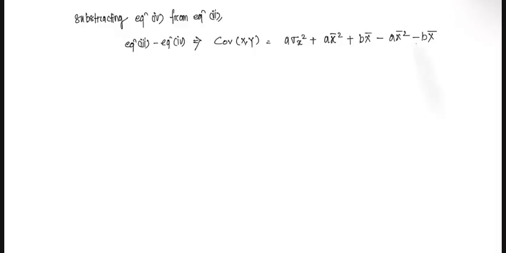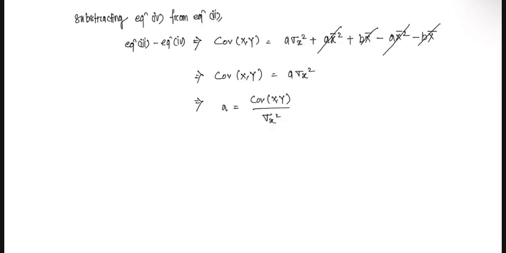So see what things are cancelled here. These two things, these two things. The remaining part is only covariance of x and y is equal to a sigma x square. So a equal to covariance of xy by sigma x square. This is your formula.